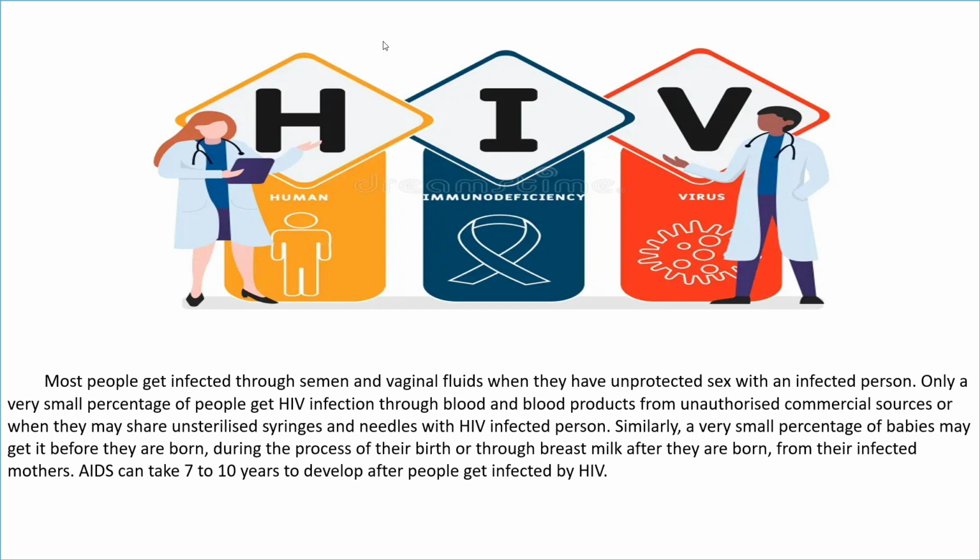Day after tomorrow also he will not know. It will take up to 7 more years to identify that that particular person is suffering from HIV. So suppose somebody is infected with HIV in 2024, then that person will know that he is infected only in 2031 or 2034. So it will take 7 to 10 years.